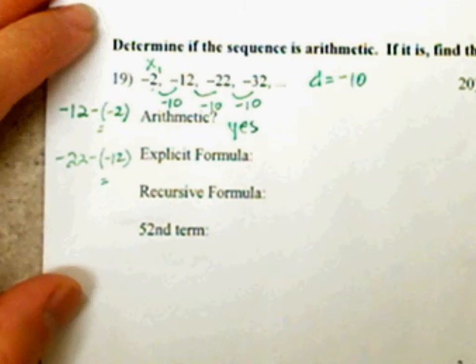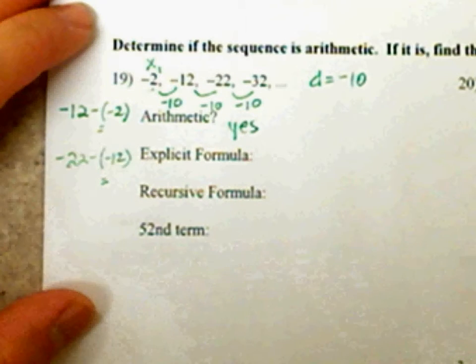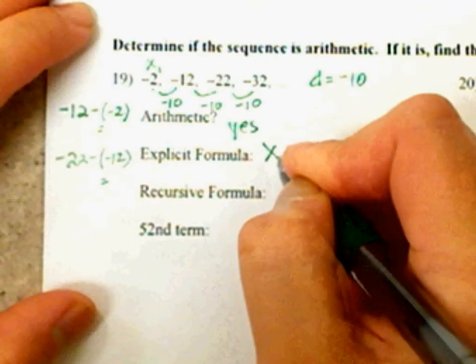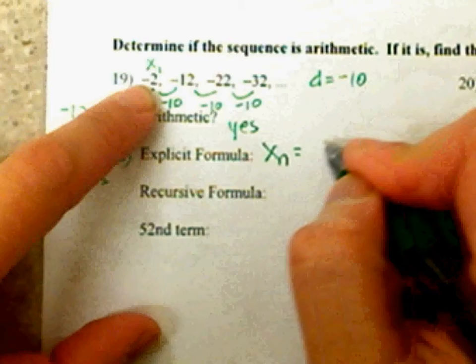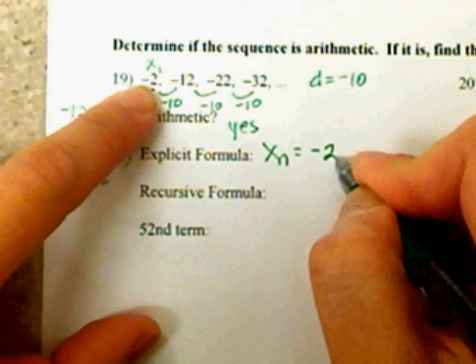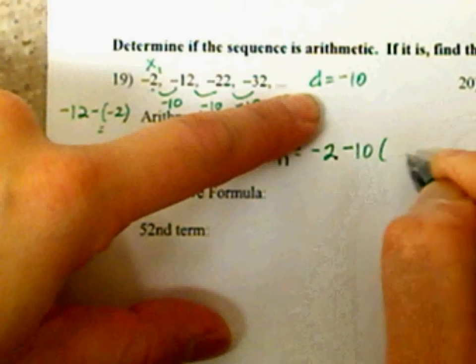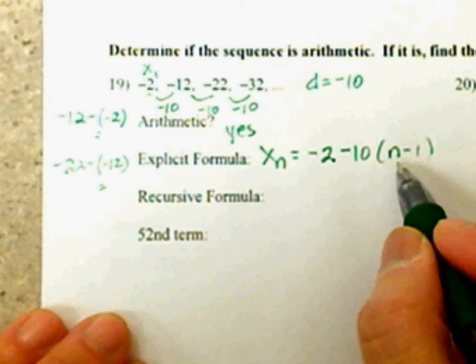Your explicit formula means it's a formula that you are going to come up with, and it has a starting point. So you will write xn equals, what is your first term? What's that number? Negative 2. How far is it going down every time? Minus 10, times n minus 1. n means what term number are you looking for, okay?